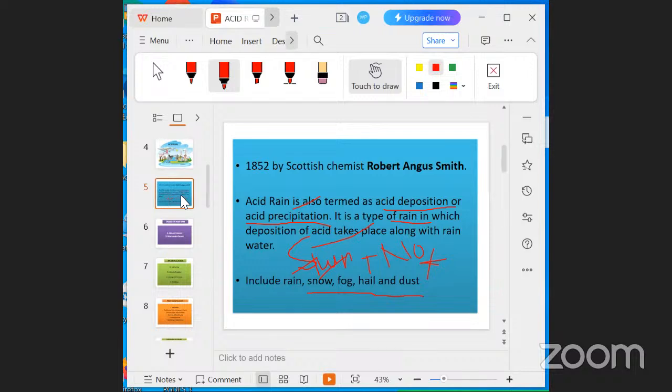It is believed that oxidation of sulfur dioxide is much slower than that of nitrogen oxide. So sulfur dioxide may remain airborne for 3 to 4 days, compared with nitrogen oxides, which may persist for only half a day.